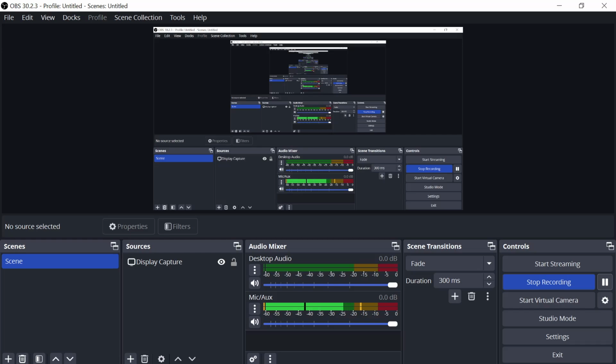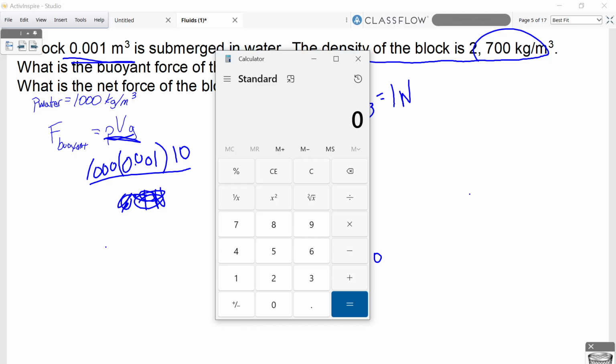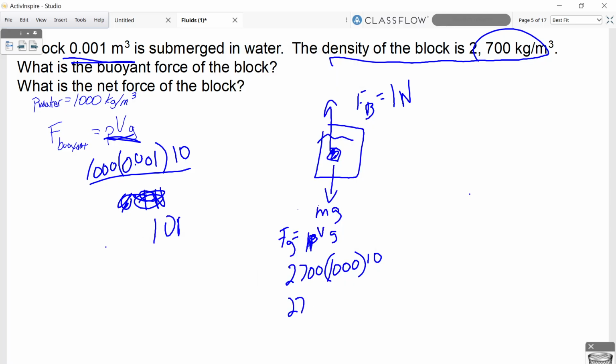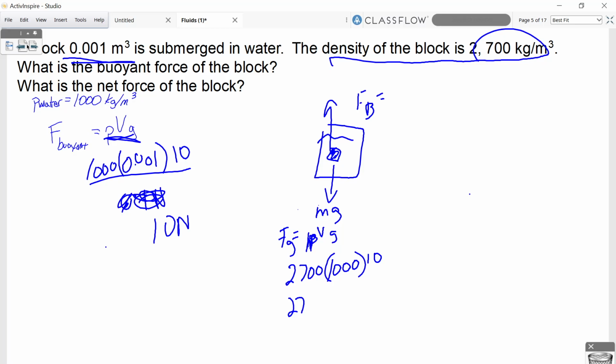Okay, so some corrections that I want to make here. Let me multiply this part right here again. So it's 1,000 times 0.001 times 10 gives me 10. Something wasn't adding up. So we actually have our buoyant force as 10 newtons.